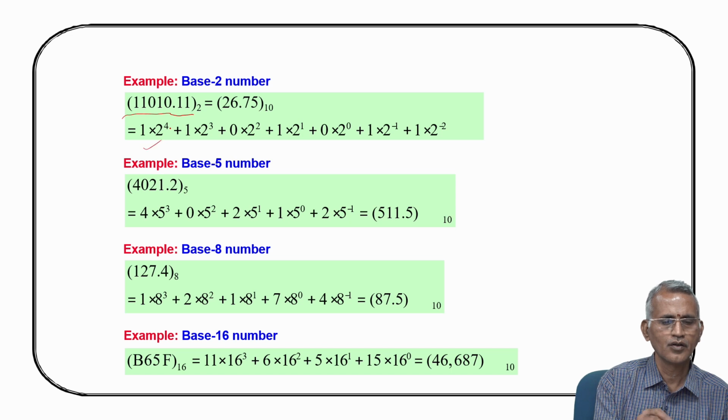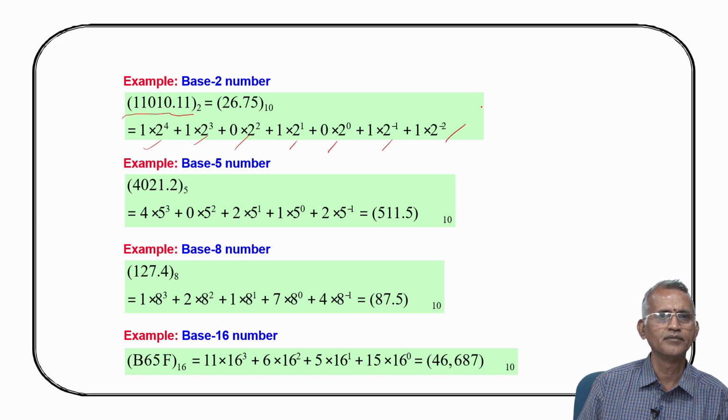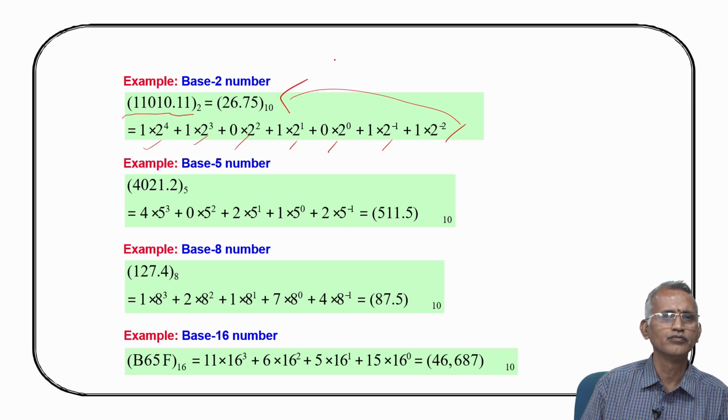That is 1 into 2 power 4 plus 1 into 2 cube plus 0 into 2 square plus 1 into 2 power 1 plus 0 into 2 power 0, plus 1 into 2 power minus 1, plus 1 into 2 power minus 2. Simply multiply them and add them, and we have the result. So, this is the way we can write the digital numbers, the binary base to the digital system of base 10.